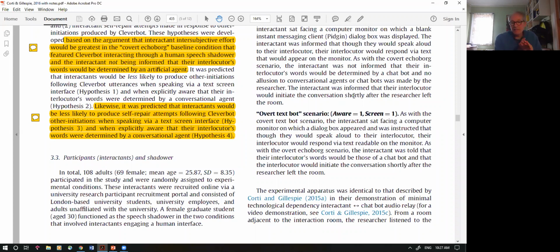And so when the participants knew they were interacting with a human who was uttering words produced by a machine, that human interlocutor, research subject, was less likely to act like a human, I guess is one way to put it.